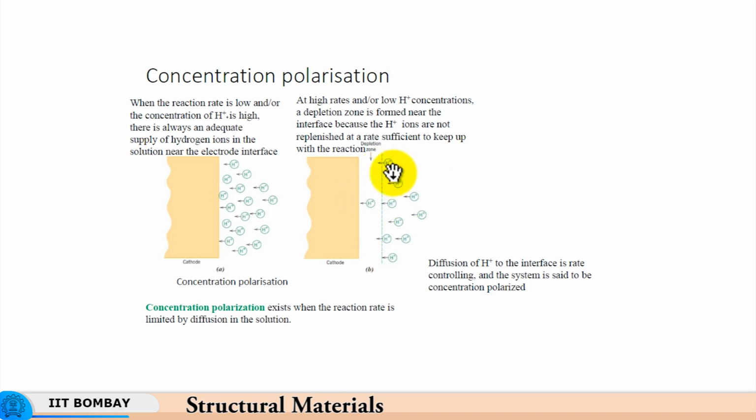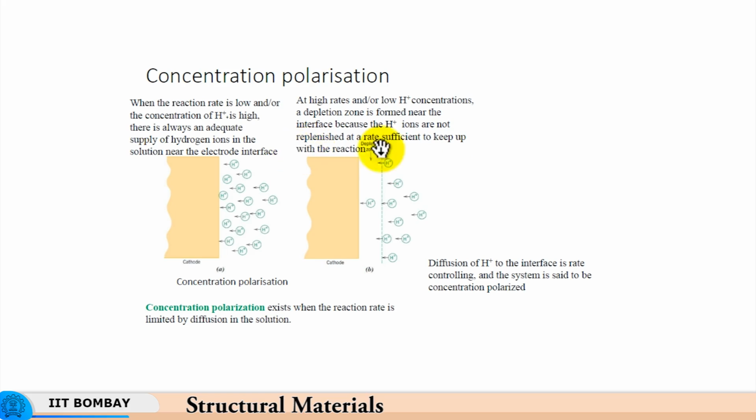This region is the depletion zone, where the H plus ions and electrons are combining very rapidly, resulting in H, and then that H combining to H2 as a diatomic gas, and then finally that diatomic gas forming bubbles. So, this depletion zone is the region where H plus ions are in short supply.